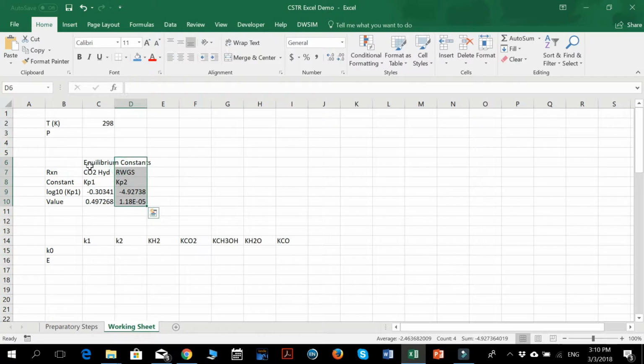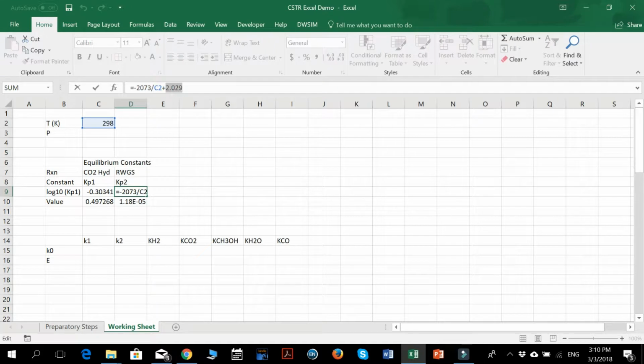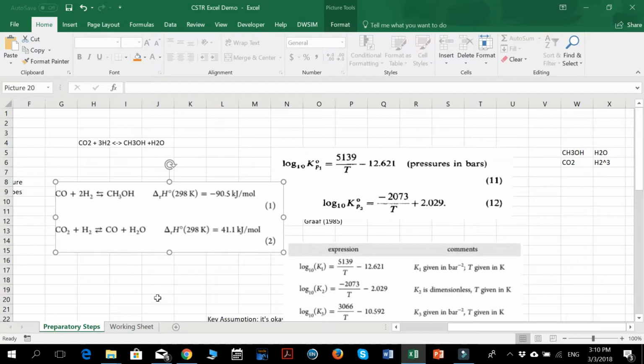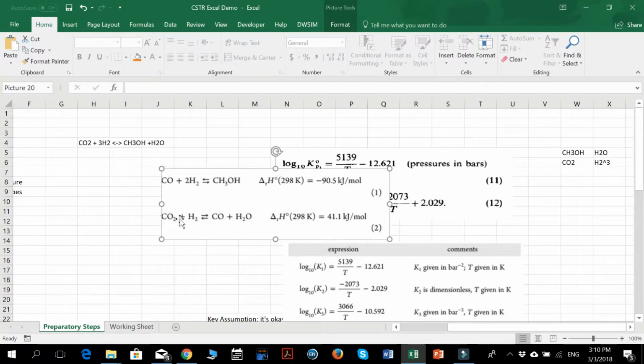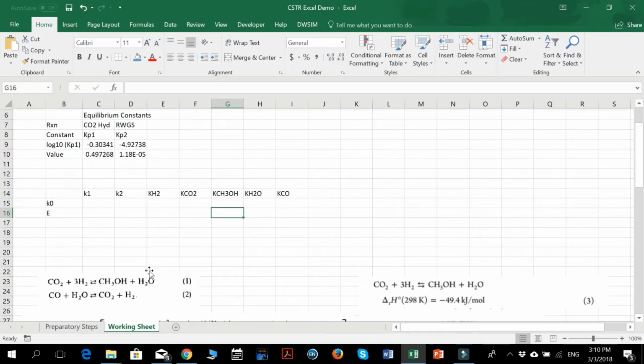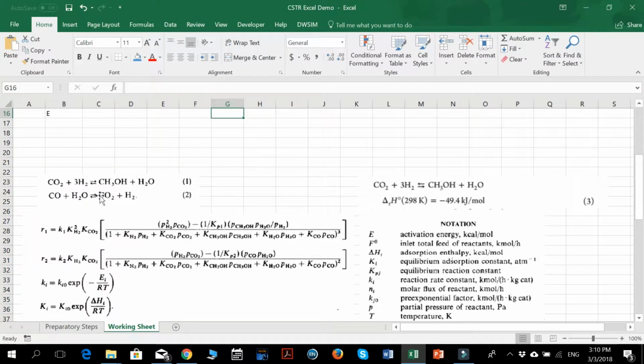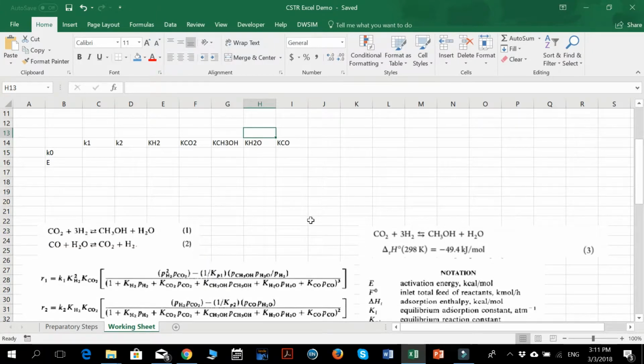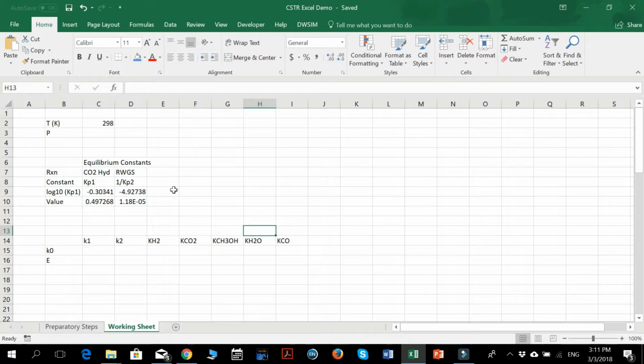In this part, it should affect the RWGS reaction. It says -2073 over the temperature plus 2.029, and that specifically is for the reaction from CO2 to CO. But here it is from CO to CO2. So this is not Kp2, this is actually 1 over Kp2. Alright, that's the only change we have to make.